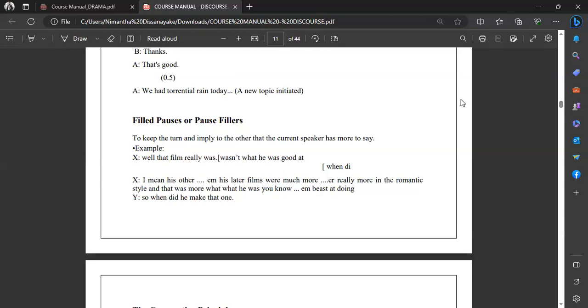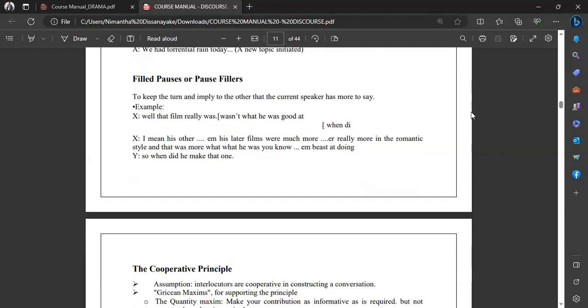If you want to talk more, there also you would have a pause. With that, we fill the pauses, so we call it pause fillers. For an example, X and Y are there. If you analyze it, okay, I will give you time, 1 minute. Go through it and tell me how it takes place.